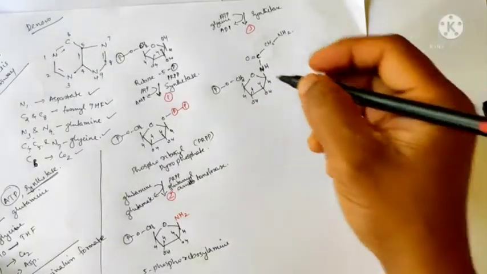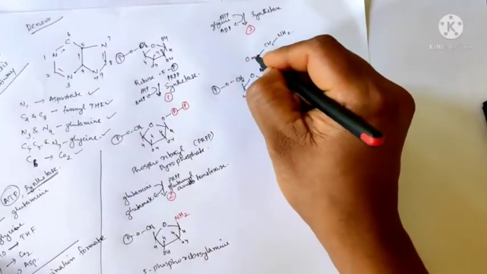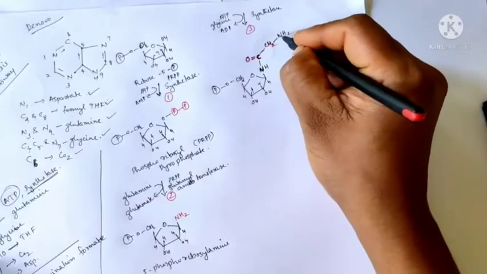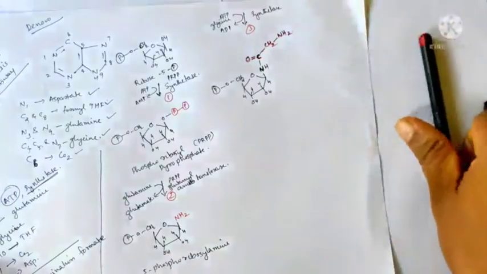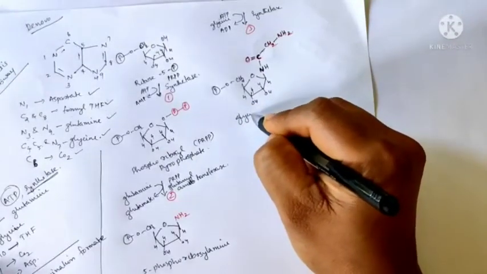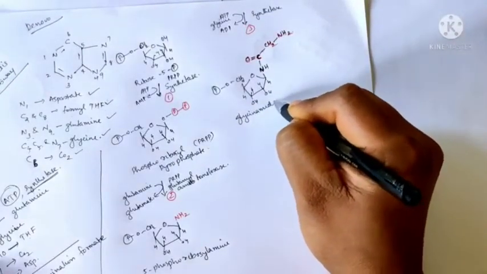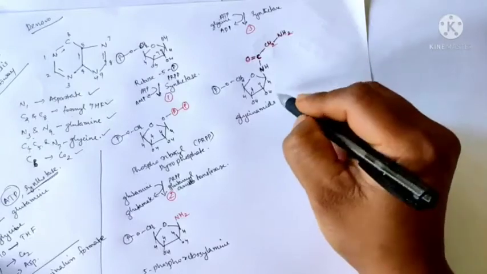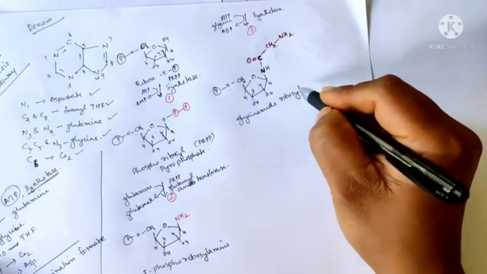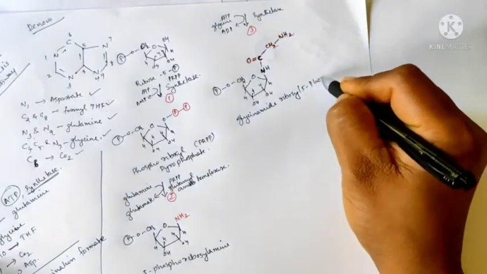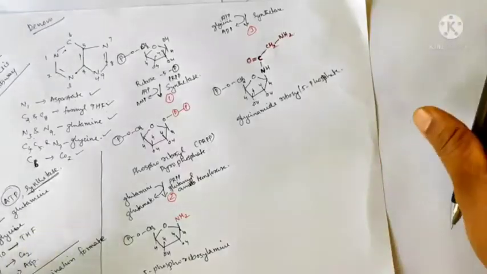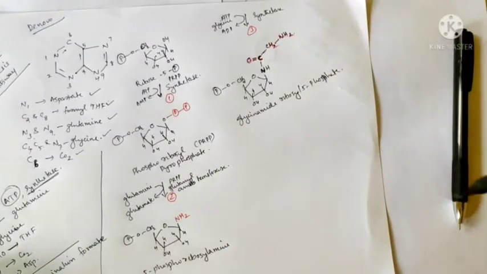So this is the glycine part. CH2, NH2. Glycinamide ribosyl 5-phosphate.